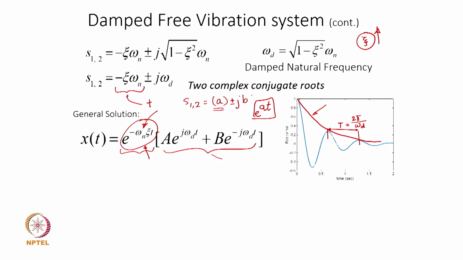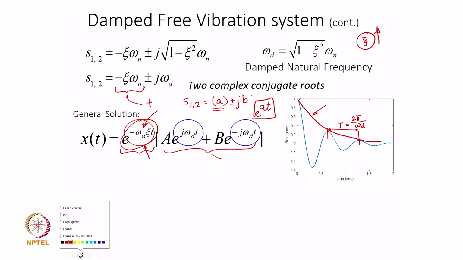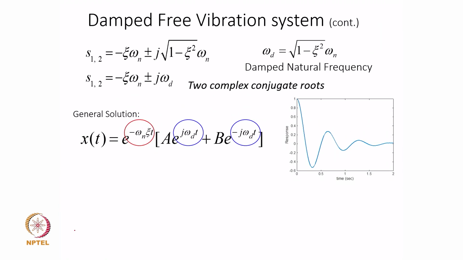So, what are we learning from this? That this part is indicative of the stability of the system, because no matter what this omega d value is, or whether this is positive or negative, the system is going to show oscillations.